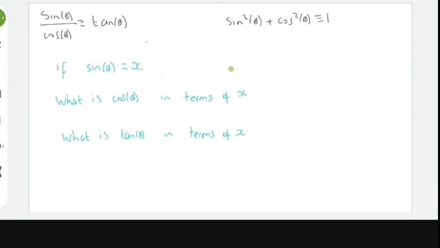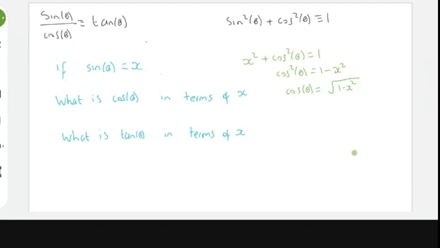Okay, for slide 8 of the Jamboard, if we had that sine of theta is equal to x, and we know that sine squared theta plus cos squared theta is 1, then replacing sine squared theta with x squared, we get x squared plus cos squared theta equals 1. So therefore, cos squared of theta is equal to 1 minus x squared, and then cos of theta must equal the square root of 1 minus x squared.